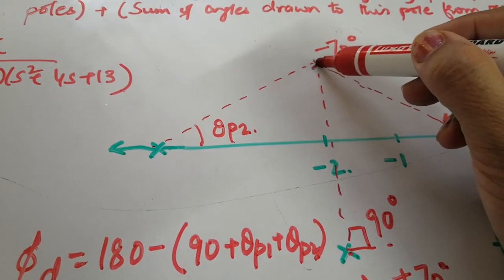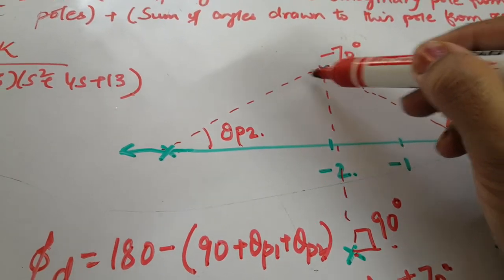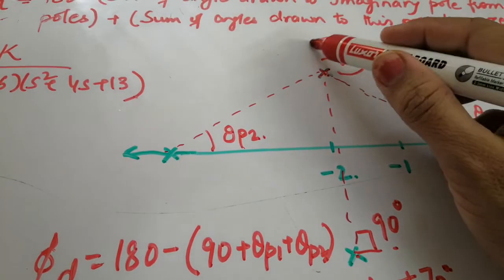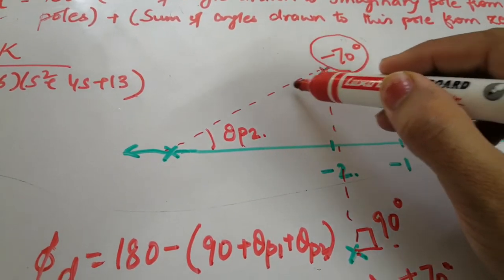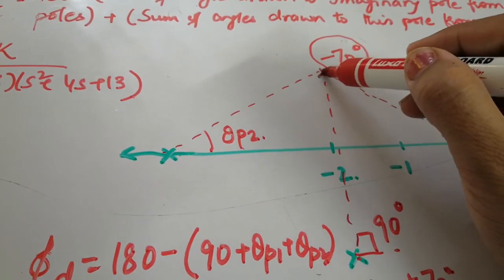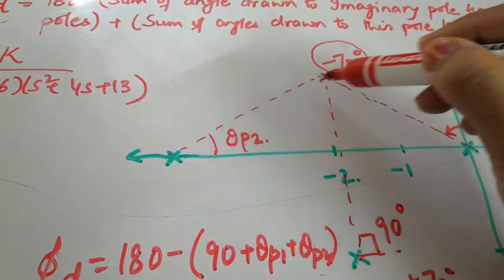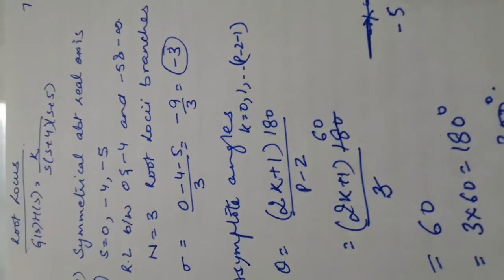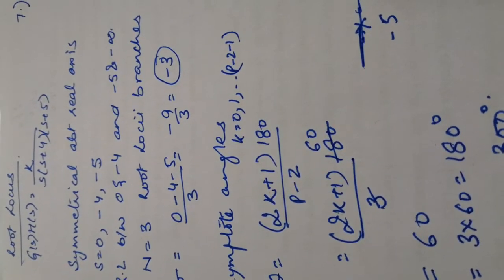Now this pole is going to leave its place from here and it will go in some direction. So that direction is given by plotting this angle and then plotting this pole along with that particular angle. So I have just solved out the numerical.